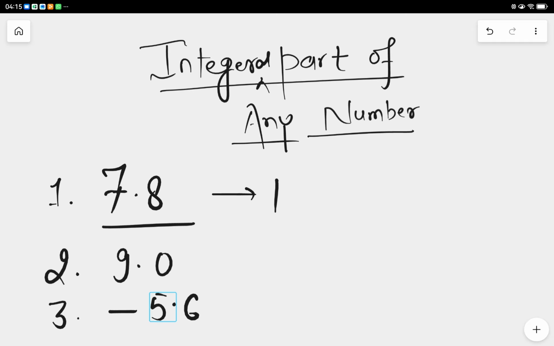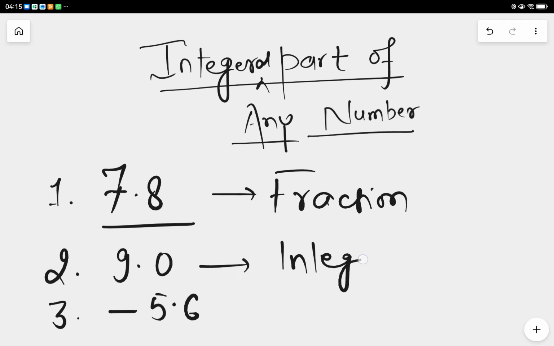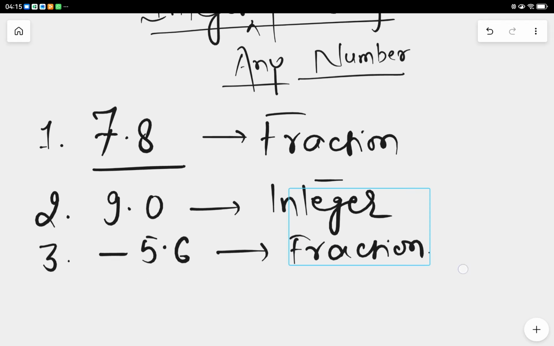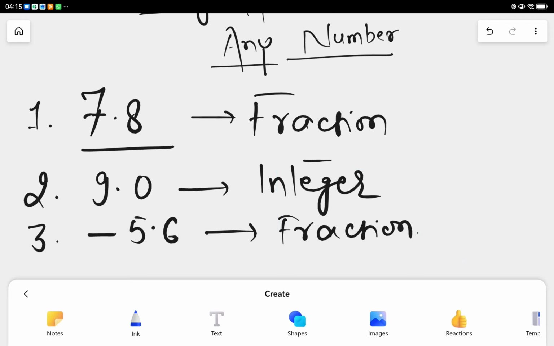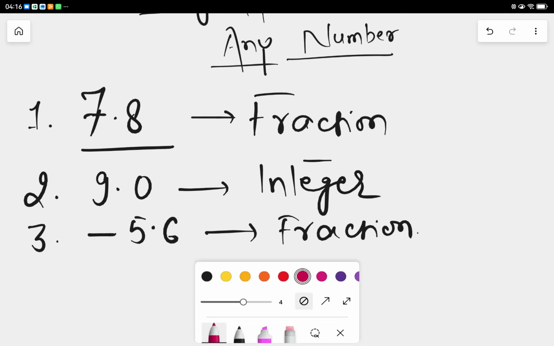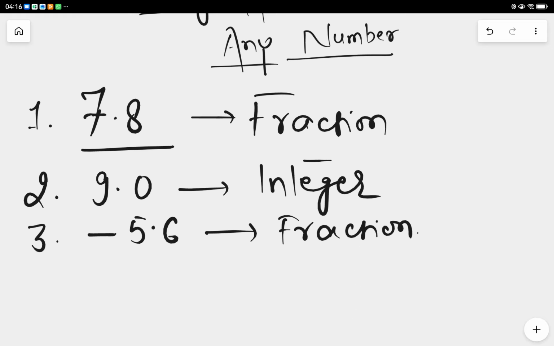If you have gone through my previous video, which I'll be sharing the link to, about whether numbers can be less than 0, you will understand this is a fraction, this is an integer, and this is again a fraction. But here my aim is to understand the integer part of these particular numbers.